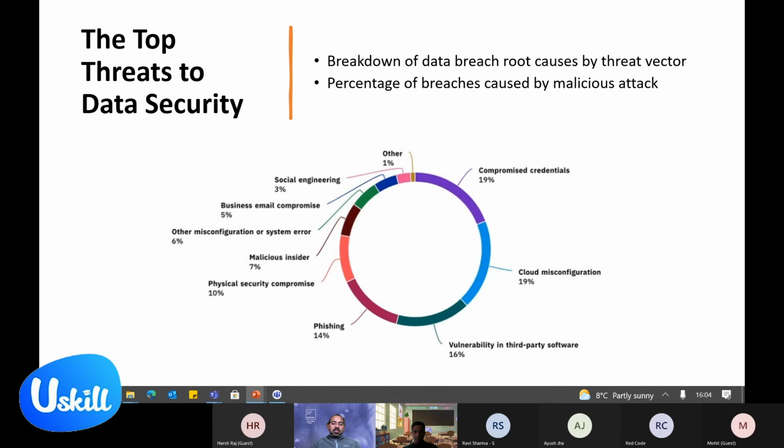And another one, which plays a very big role in such kind of exploit, is cloud misconfiguration. We have seen that many customers whose information is on the cloud think that after switching over to the cloud, every responsibility lies with the cloud vendor, the cloud provider, and we are just responsible for doing our work or generating the business.